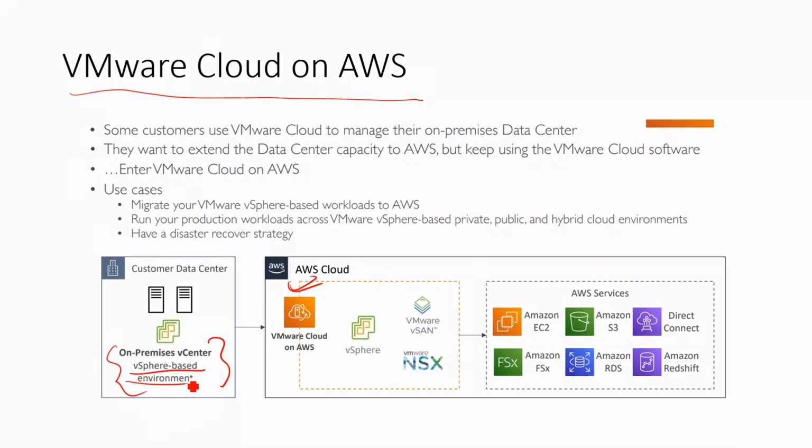Whatever vSphere based environment you have, this service provides you with vSphere, VMware vSAN and NSX. Whatever VMware facilities you need will be provided by this service, and then it will run everything else on the AWS services. So whatever VMware environment you have, you can replicate it on the cloud using VMware Cloud on AWS.